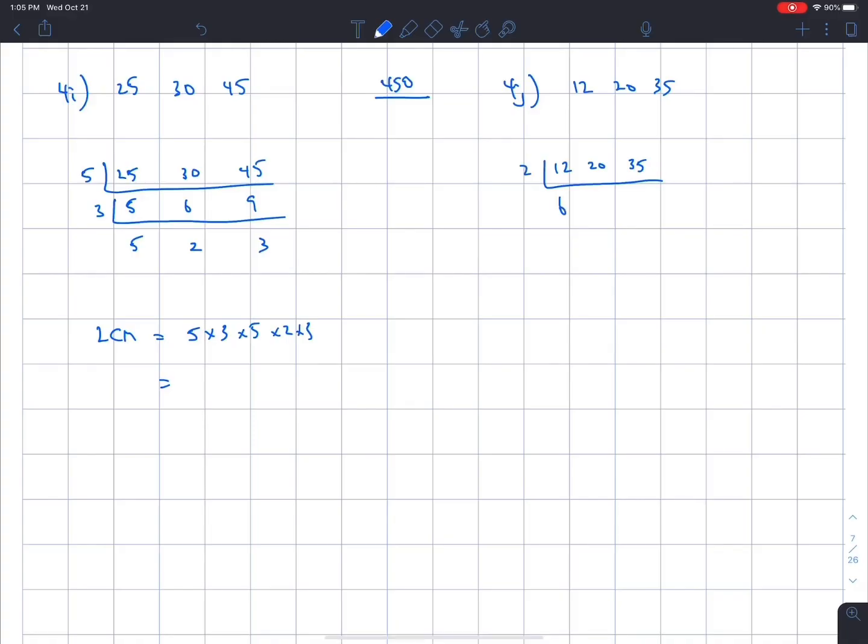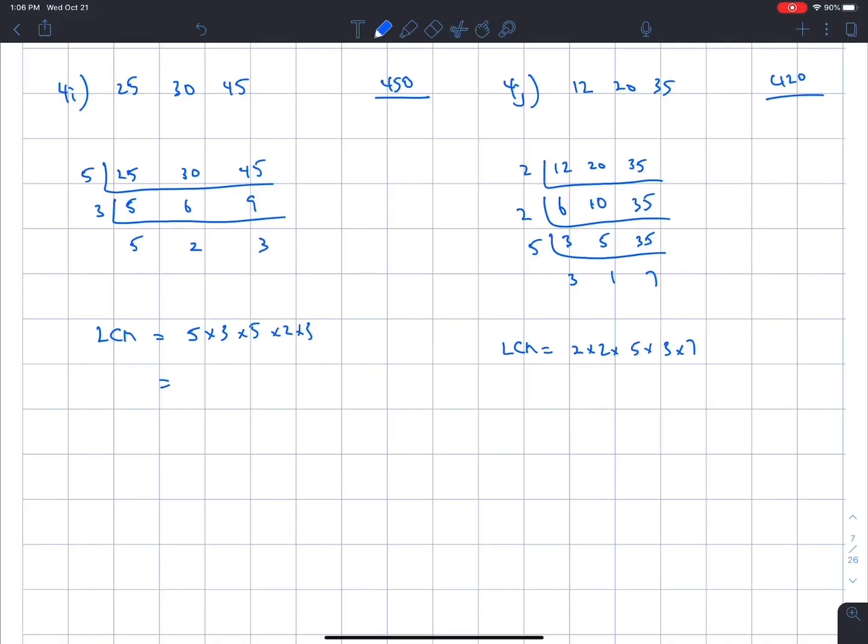So 12 divided by 2 is 6, 20 divided by 2 is 10, 35 not divisible, just move it down. I can divide the 6 and 10 by 2 again. And 5 and 35 by 5. And now I just multiply them. 2 times 2 times 5 times 3 times 7. We get 420. And that's it for question 4.